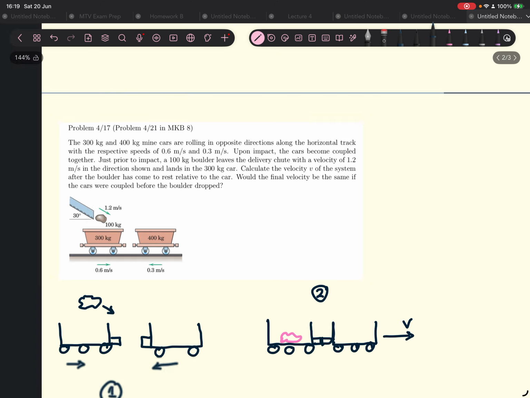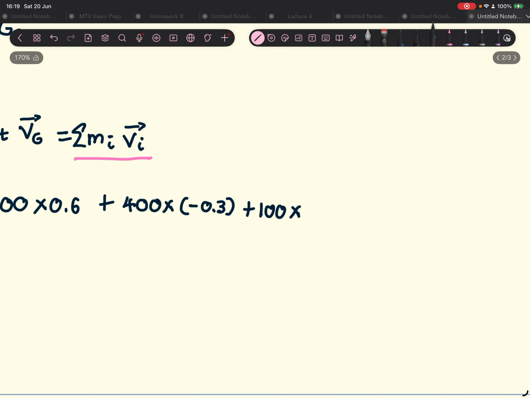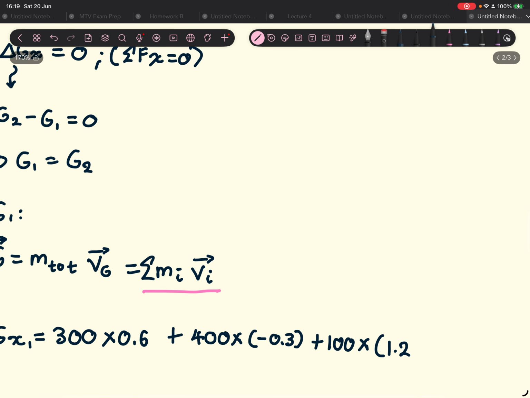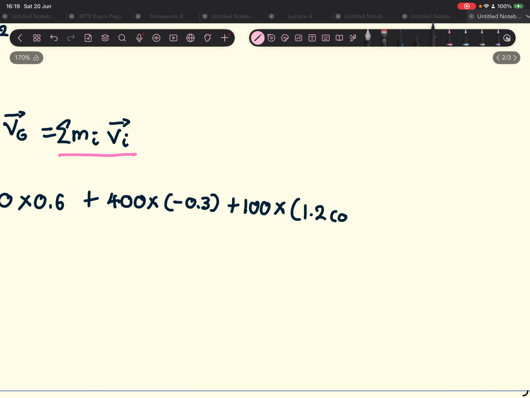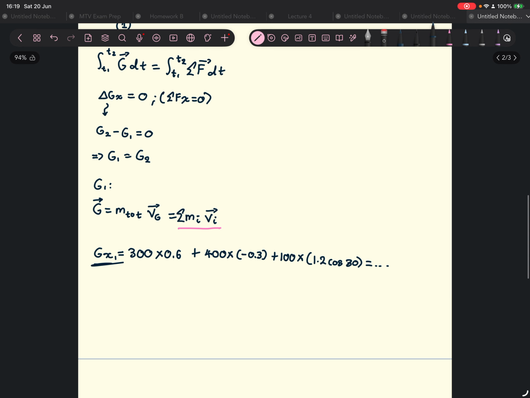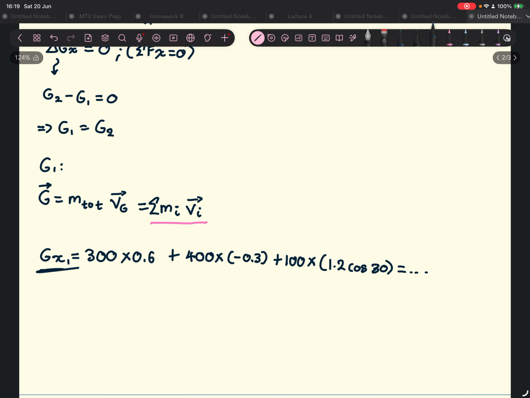So it's going to be positive 1.2 cos 30. And then that will give you your momentum in the x direction for T1, or gx1.